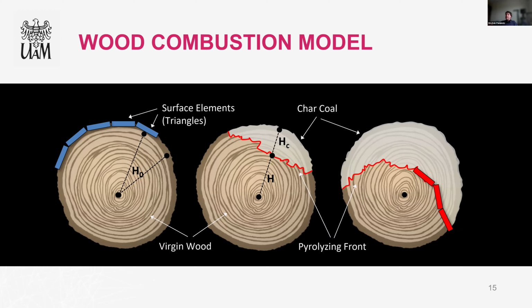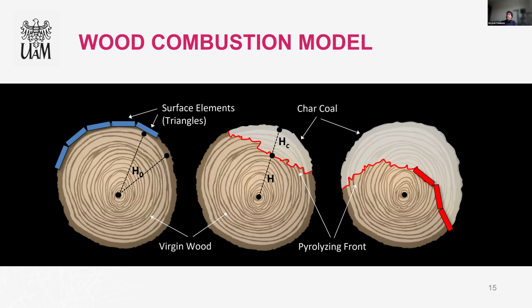So pyrolysis is a phenomenon which occurs in a relatively thin part of the volumetric branch portion. It's usually just a few millimeters thick, and you can think of it as sort of like this surface where we have a lot of chemical reaction happening, which eats its way somehow into the branch.